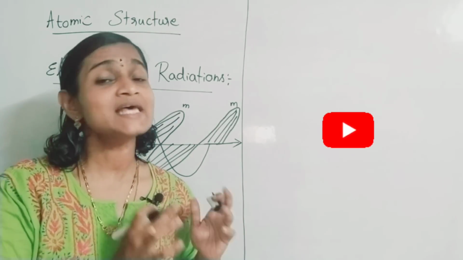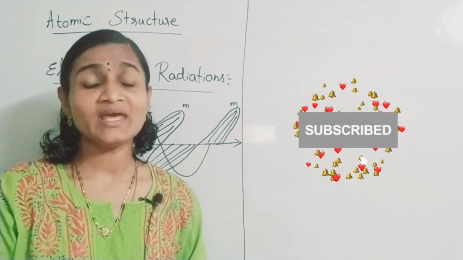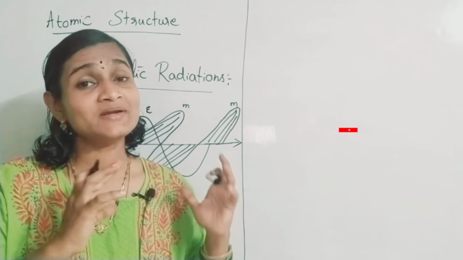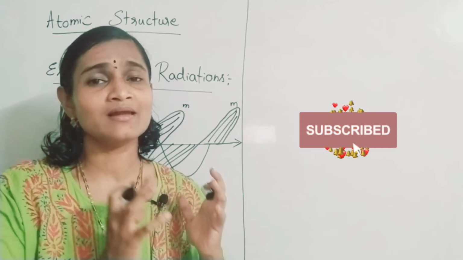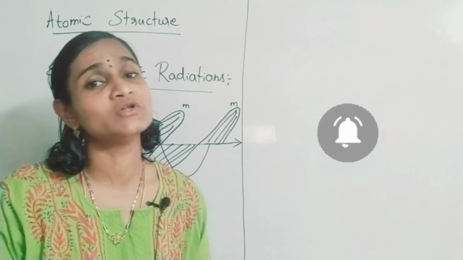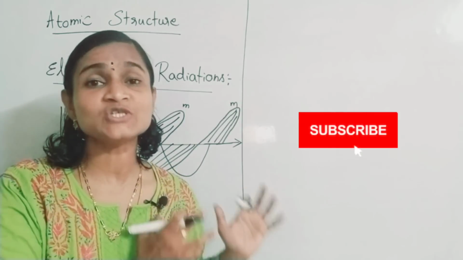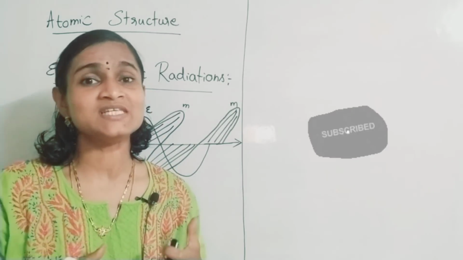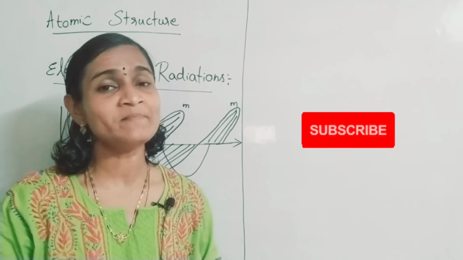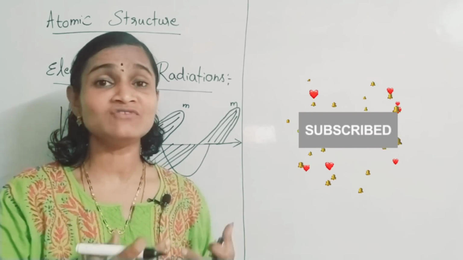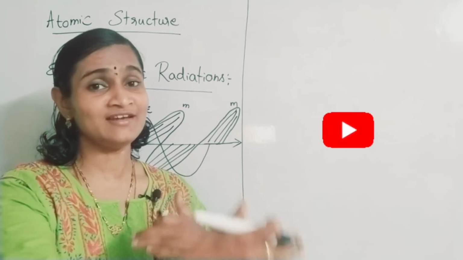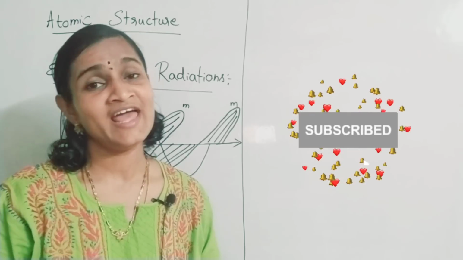Using these electromagnetic radiations, we are able to detect the presence of very small subatomic particles which are present inside the atom. Because of these waves only, we can see the very minute particles inside the atom. That's why first we have to study these electromagnetic radiations, and then go further to the discovery of electron.